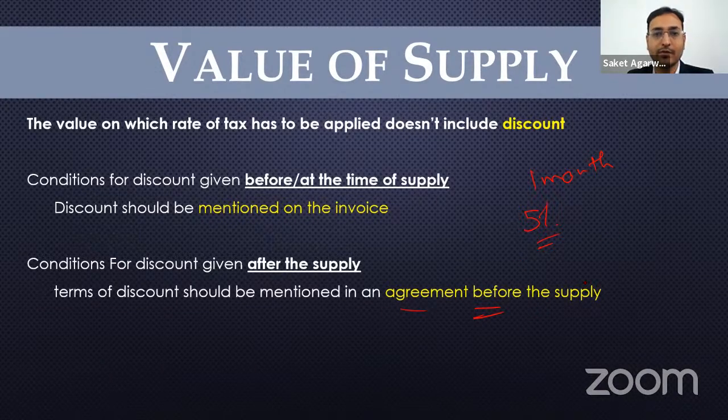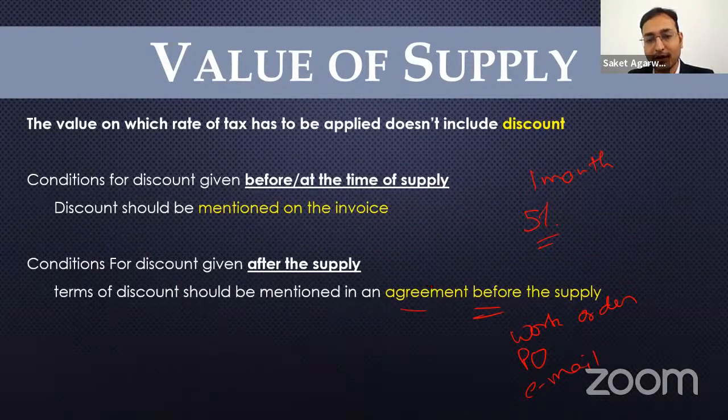Maybe on the invoice you have mentioned it somewhere. Maybe there was a separate work order, or maybe there was a PO. Whatever may be the form of recording, or even email, make sure your intention of giving discount in the future is recorded before the sale itself.